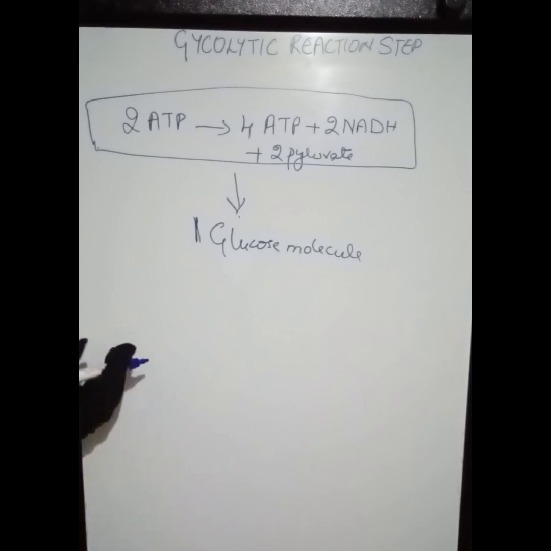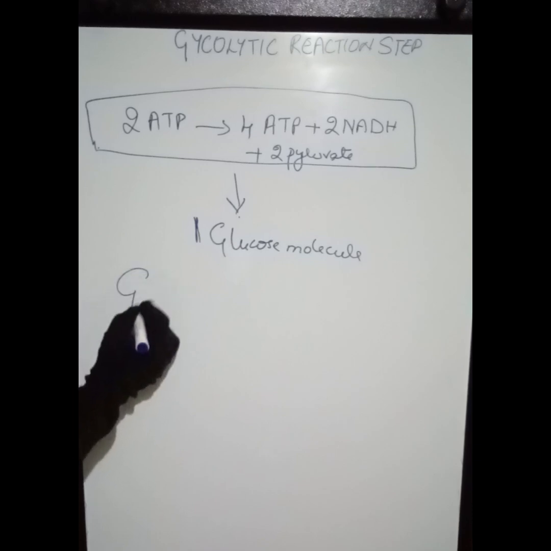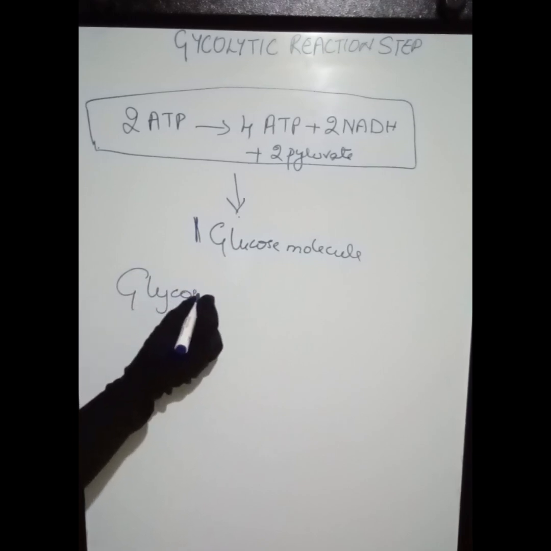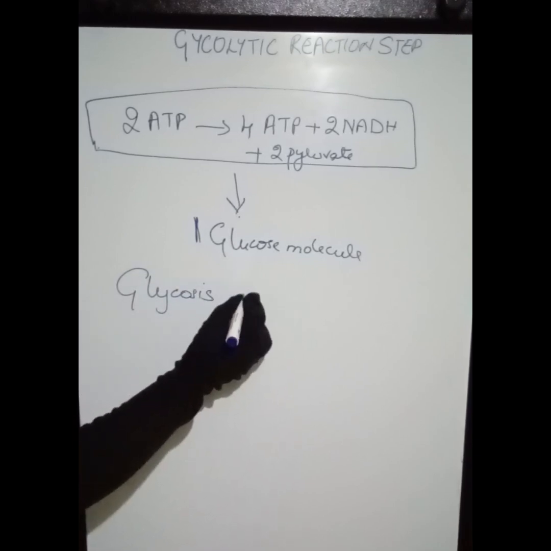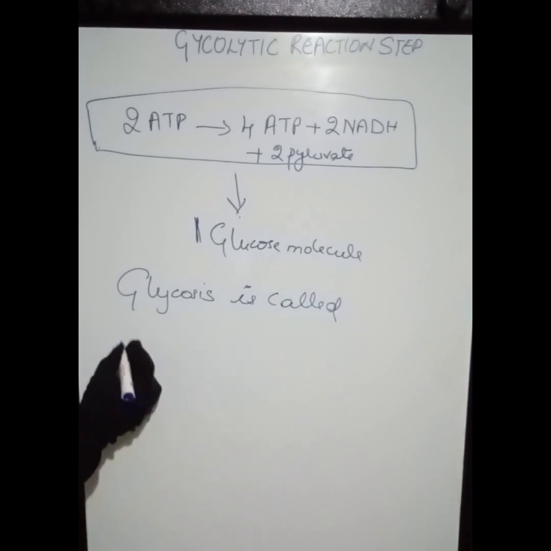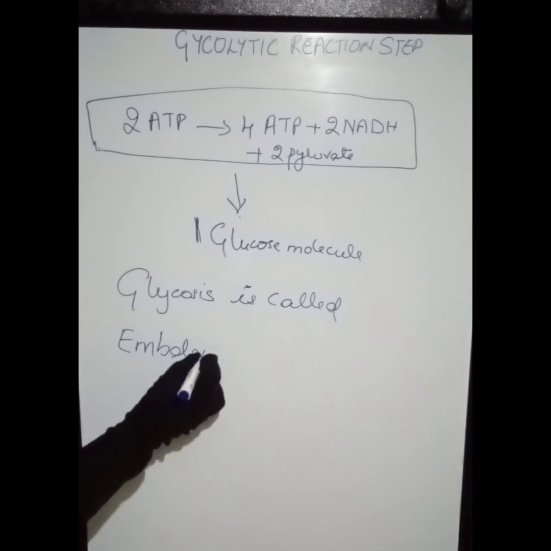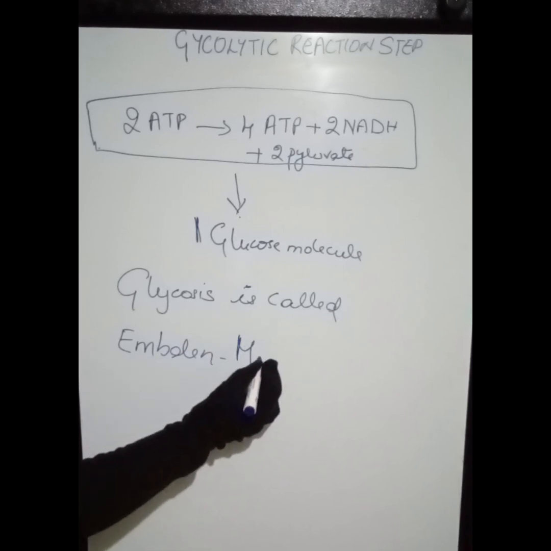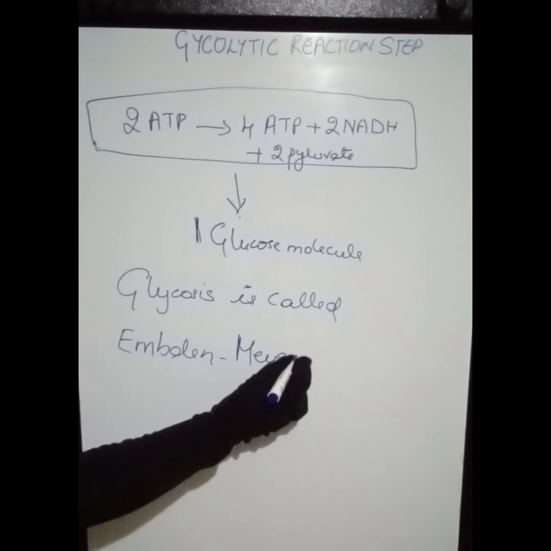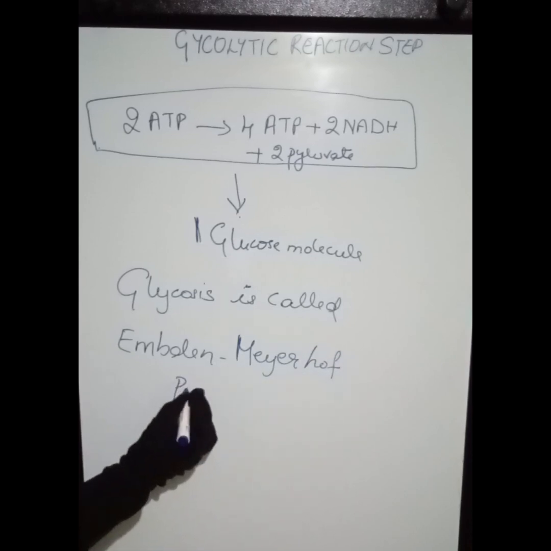So I'll repeat once again, this glycolysis is also called the Embden Meyerhof pathway. So please remember this.